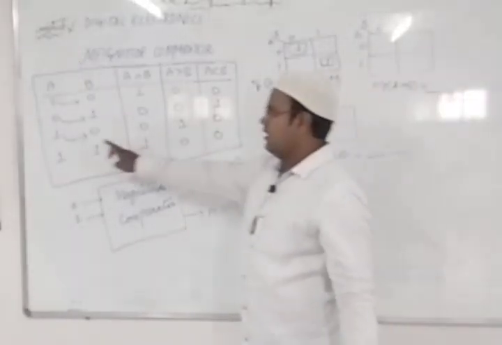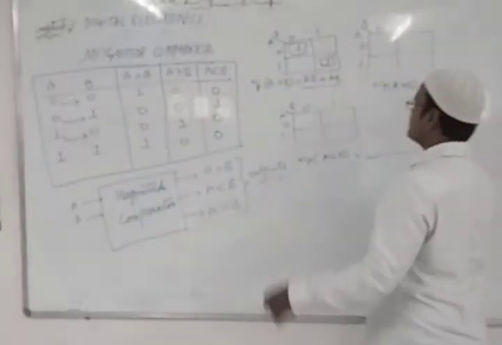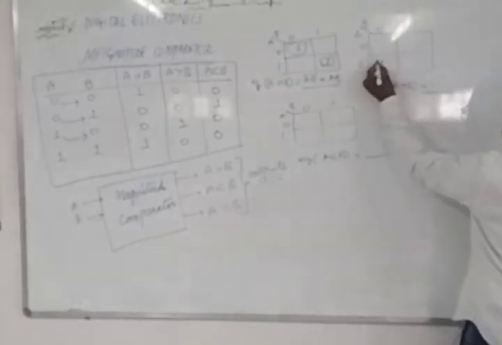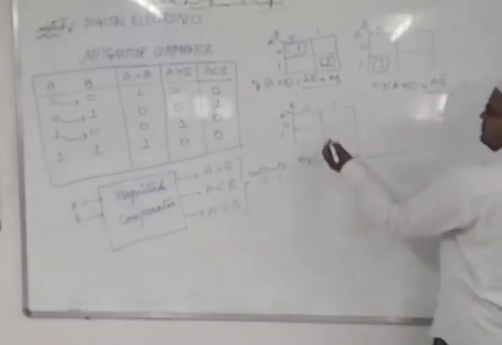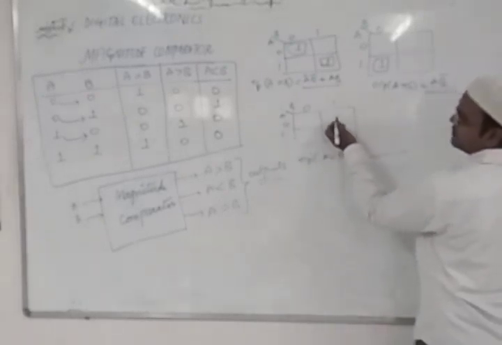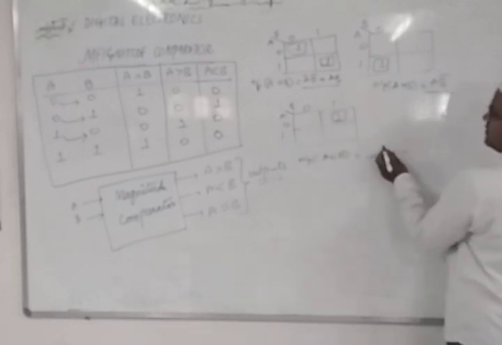Similarly for A greater than B, A is 1 and B is 0, this is 1, so I can write A B bar. Similarly for the third one, A is 0, B is 1, this is 1, so that is nothing but A bar B.